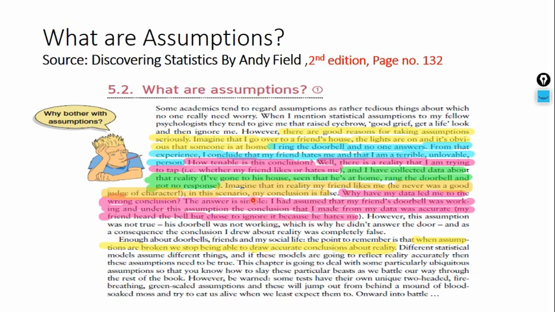Friends, in this case, the assumption was not checked. He was thinking the bell was working, but actually it was not. This assumption was not true. His doorbell was not working, which is why he did not answer. As a consequence, the conclusion I drew about reality was completely false.